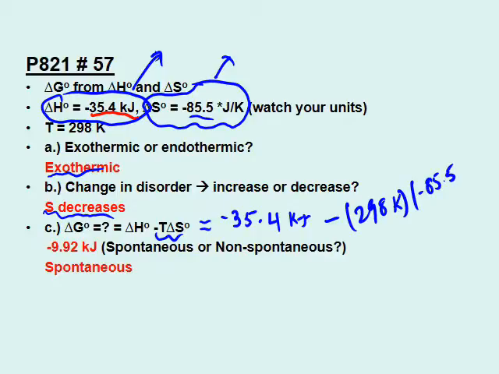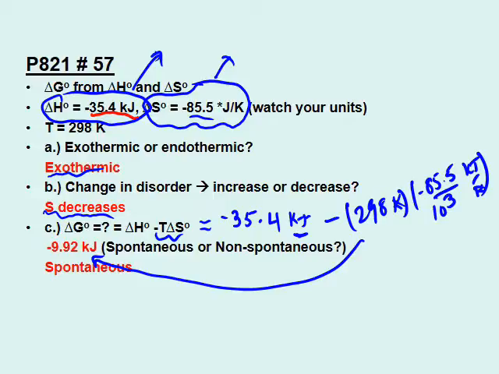Now that's joule per Kelvin. We have to make it kilojoule just to be consistent with the unit. So divide by 1000, because 1000 joule makes a kilojoule. So that's kilojoule per Kelvin. Now we have every unit consistent. We can subtract it. If you do the math, you're going to get minus 9.92 kilojoule.